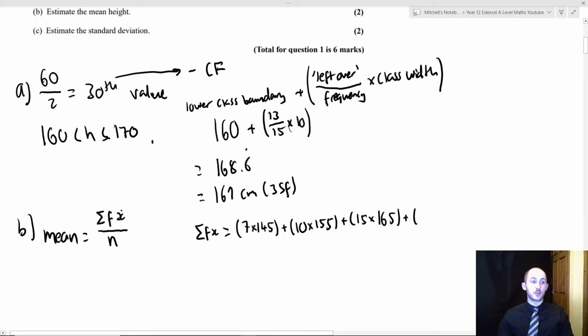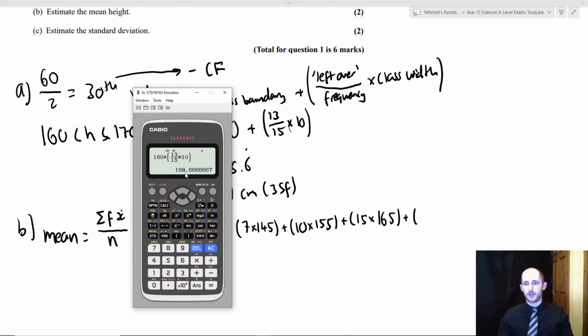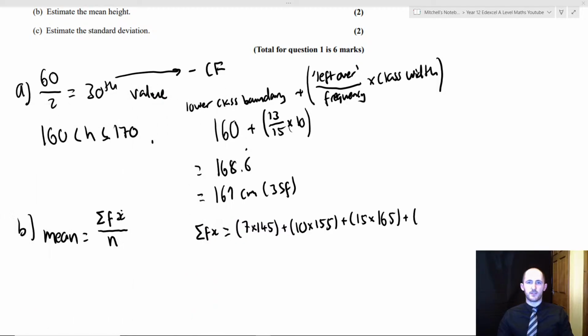So for those of you that don't know, on this standard Casio calculator, you have a table function, just by getting to menu. You can enter all of the data into a table and it will calculate the mean and standard deviation and everything else for you.